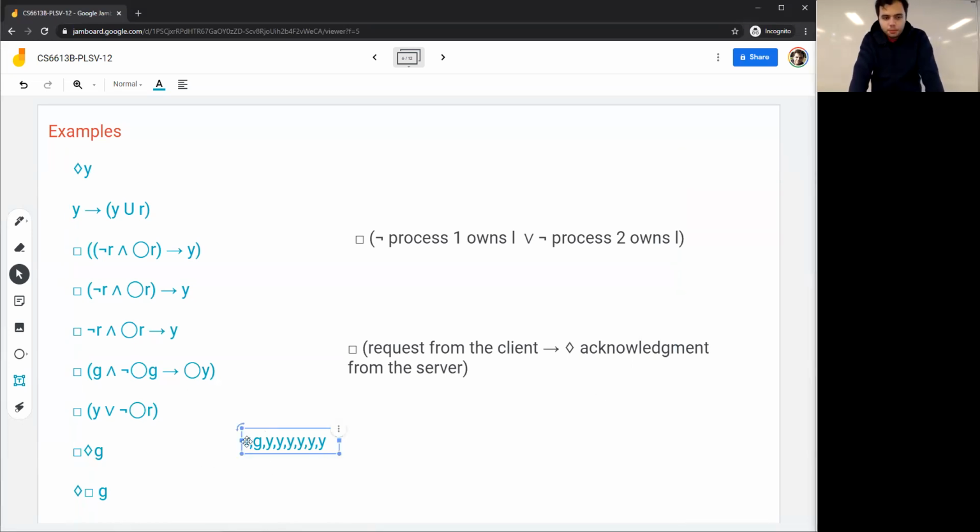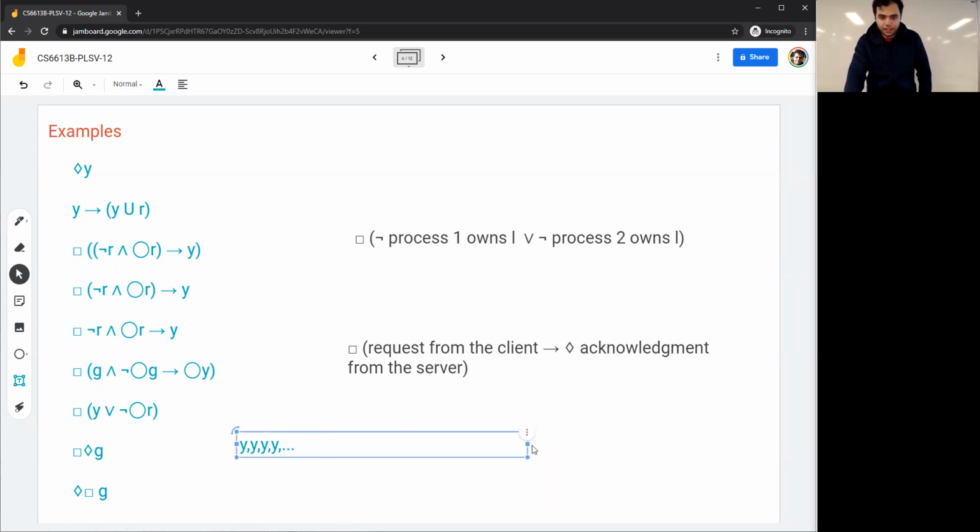So sometimes the light turns to green would accept this string, which starts with red, green, and then stays in yellow, right? But what we're saying is that at every point in time, we have eventually green. So if I cut this at every point and take its suffix, for example, if I cut it here and only take this suffix, then it should have green in it, right?